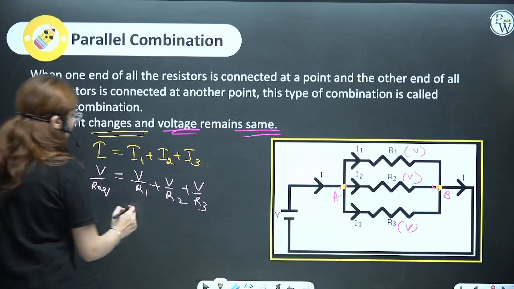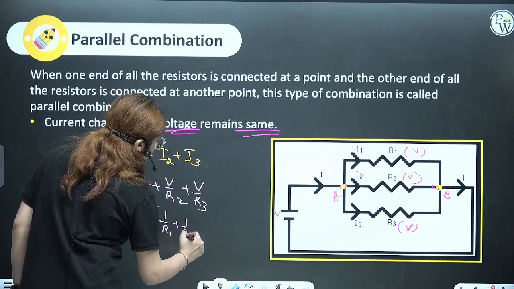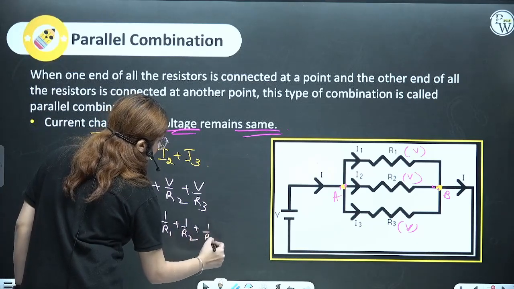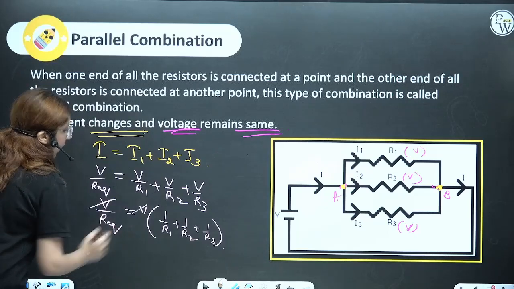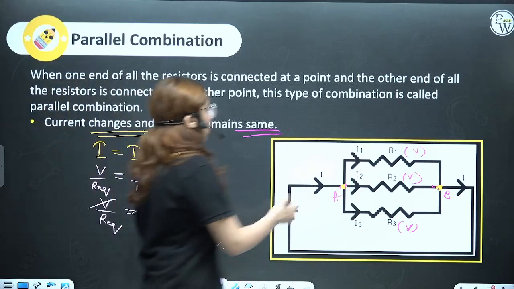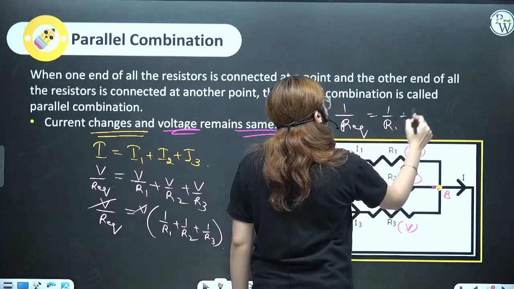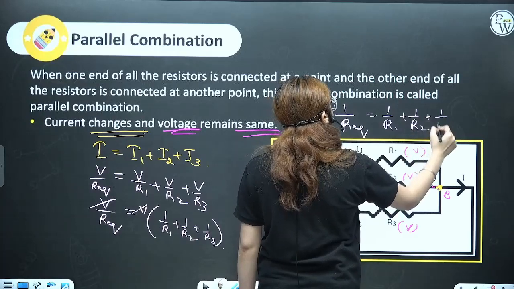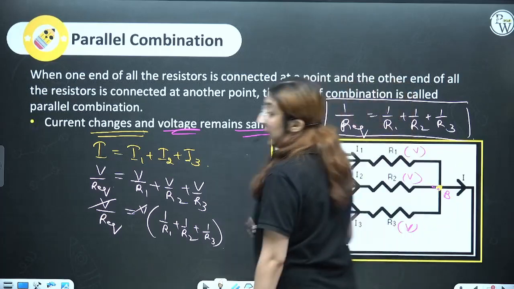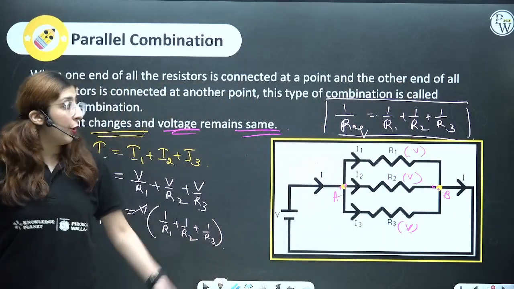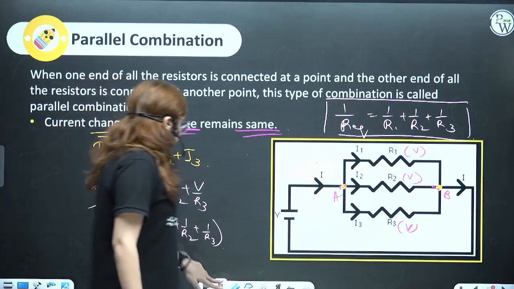Take V common: 1 by R1 plus 1 by R2 plus 1 by R3, and that is V by R equivalent. Cancel out the V. What are you going to get? 1 by R equivalent will be equal to 1 by R1 plus 1 by R2 plus 1 by R3. So whenever you have to find R equivalent in a parallel scenario, you are going to use this formula.